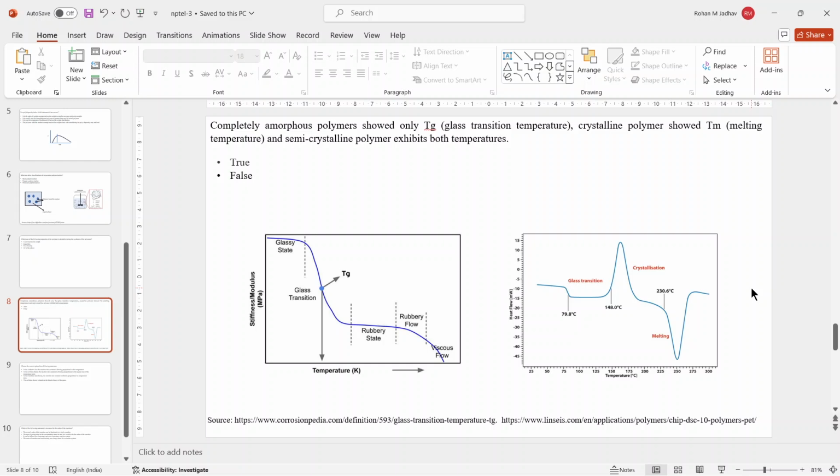Okay, if you are into research and you're working with different polymers, you might know it better than what I'm explaining right now. But exactly that's what it is. And the answer for this question is true, that completely amorphous polymers show only Tg, and the crystalline polymers show Tm, and semi-crystalline show both of them.